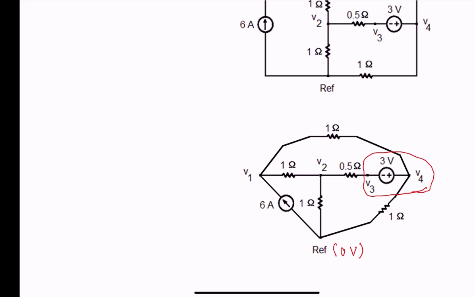Let's start with node 1 and current going down. Start with one of the branches and go either clockwise or counterclockwise so we don't miss any of the currents. Next current going through the one on right there between node 1 and 2. And finally, we add the current going through the top resistor.